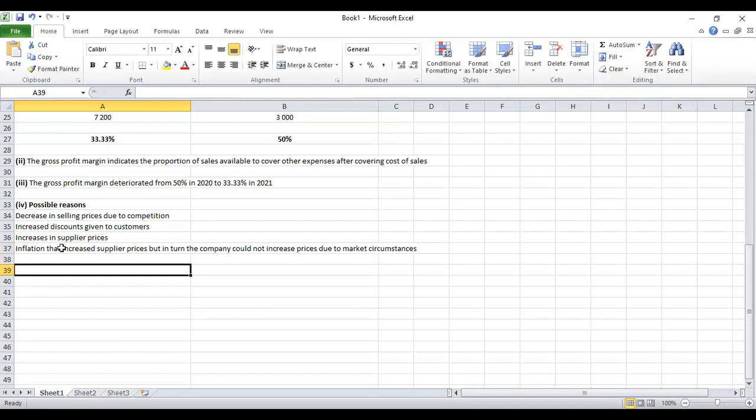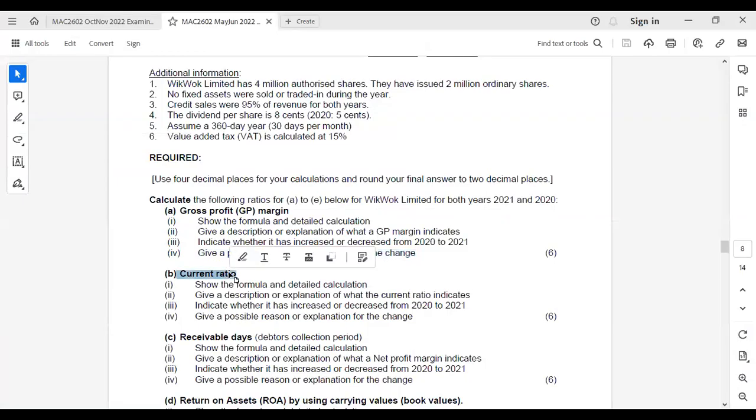This topic is not very difficult as long as you know your formula. But of course, expect also to be asked about the possible reasons and the meaning of the ratios. Right. So let's look at the next one, the current ratio.